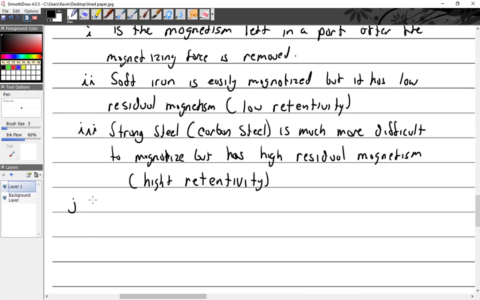Then we have something called permeability. Permeability is the ability of a metal to become magnetized.